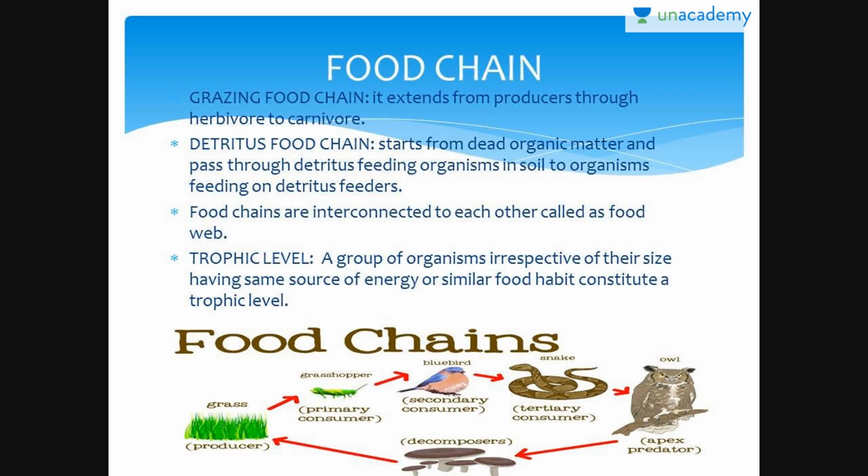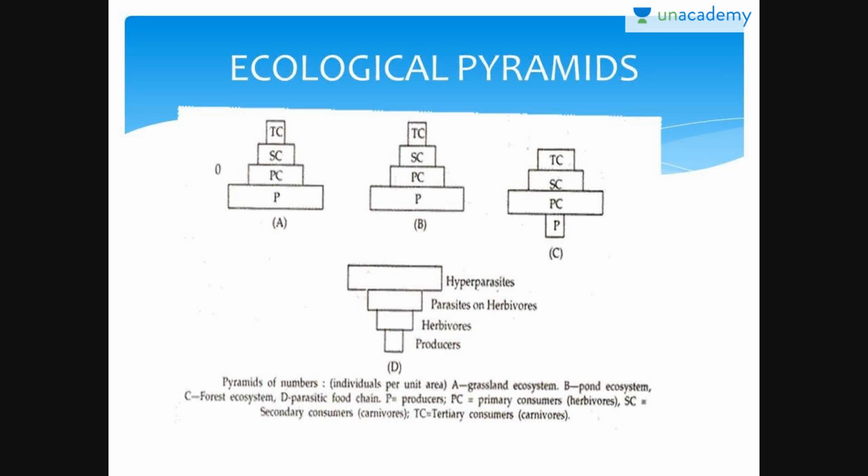Food chains are interconnected with each other, and combine together to form a food web. And a trophic level means a group of organisms, irrespective of their size, having the same source of energy or similar food habit, constituting a trophic level.